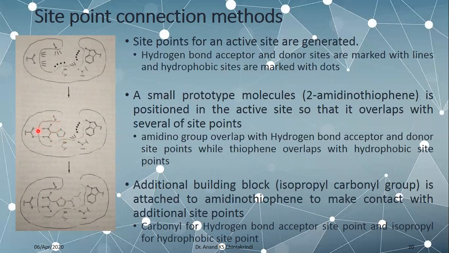You are not satisfying the hydrogen bond acceptor or donor site points which are there. So instead of this amidine group, if you were to have an isopentyl group, or a 2,3-pentyl group, then you will miss these points.